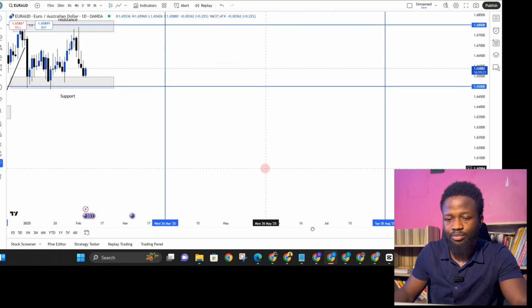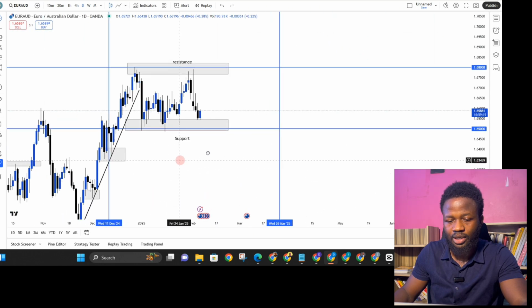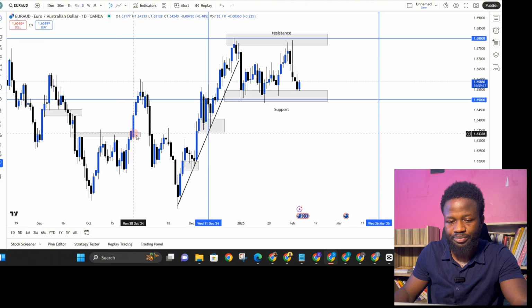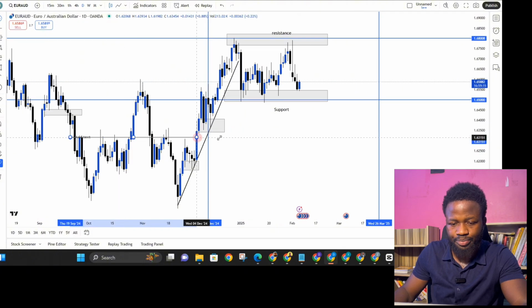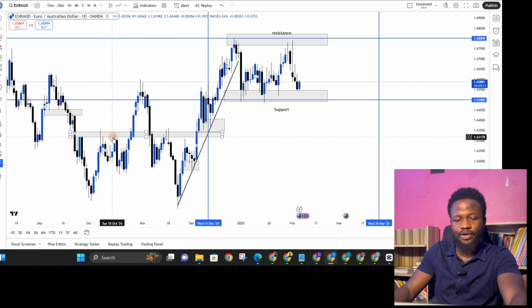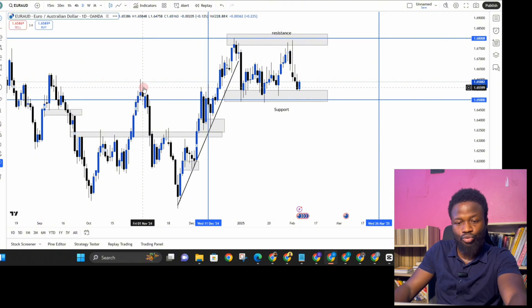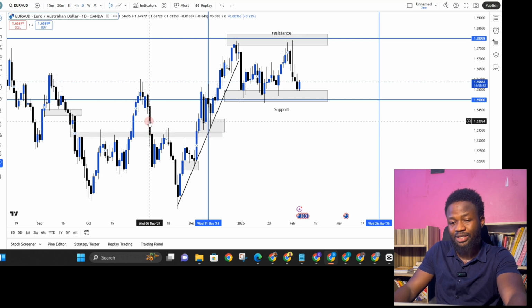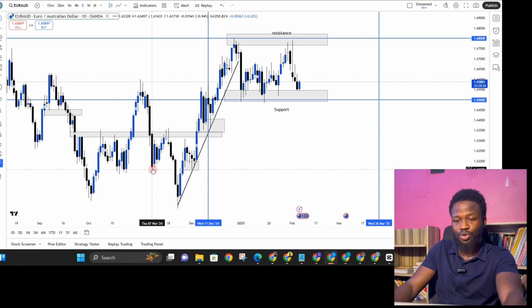Let me show you that practically as well, because I've seen that happen here. Look at this place I drew, right? This place was a resistance here, right? Then what did price do here? Price broke through and came back down, but at first that place did not hold support, so it broke below again.